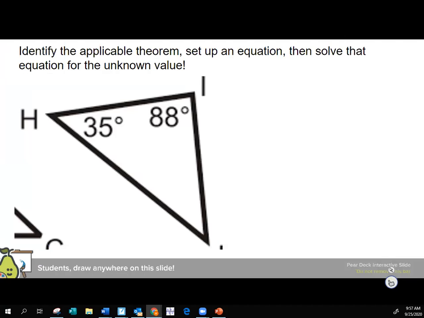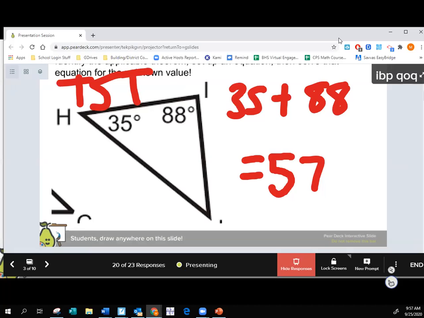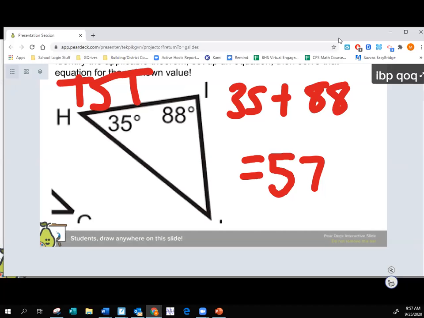Okay. What is wrong with this one? They added 35 plus 88 to get 57. Yeah, so again, I'd point out they're doing an exterior angle thing, or they're attempting to.